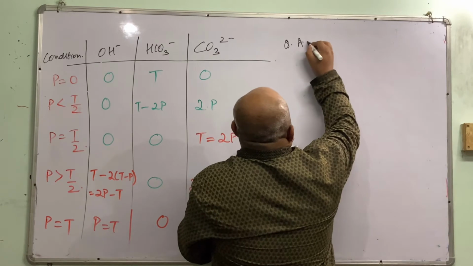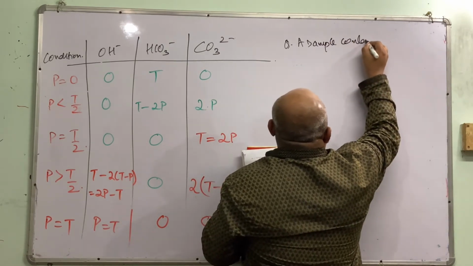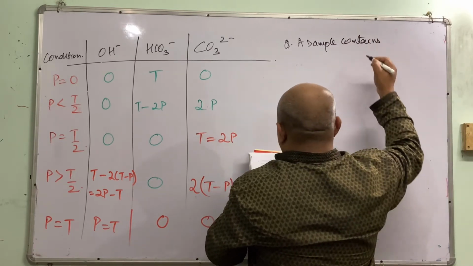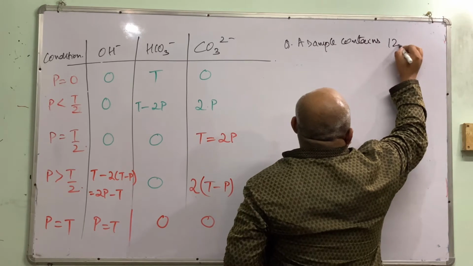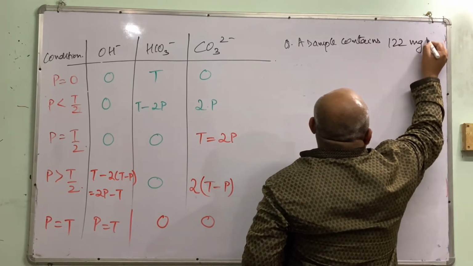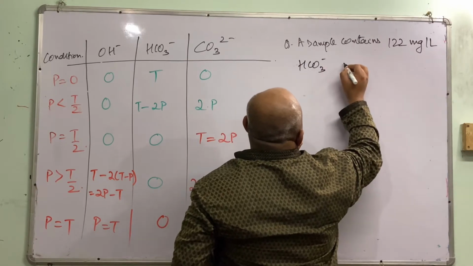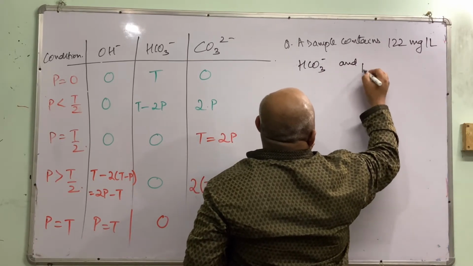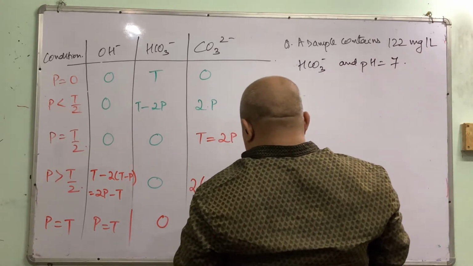Question: a sample contains 122 milligram per liter of bicarbonates and pH is equal to 7. Is it okay?